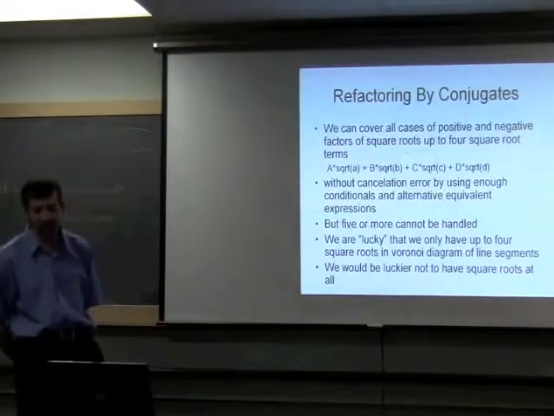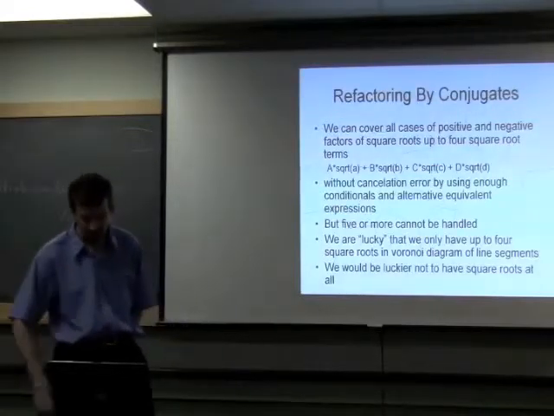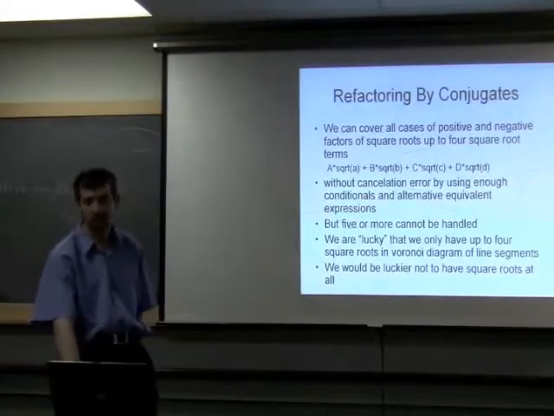We're lucky that we only have up to 4 in our equations, and we'd be luckier not to have square roots at all. Then it would be an easy problem like I was dealing with for the polygon clipping algorithm I implemented.